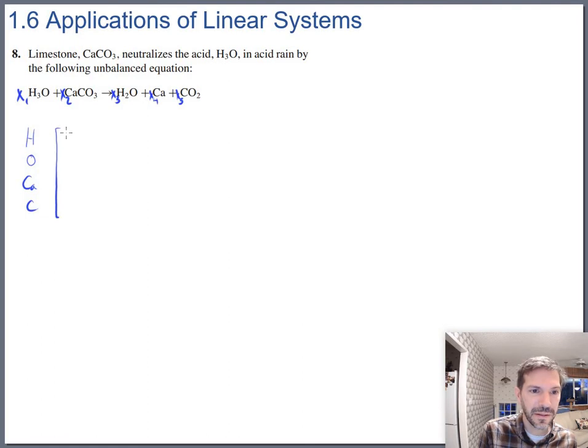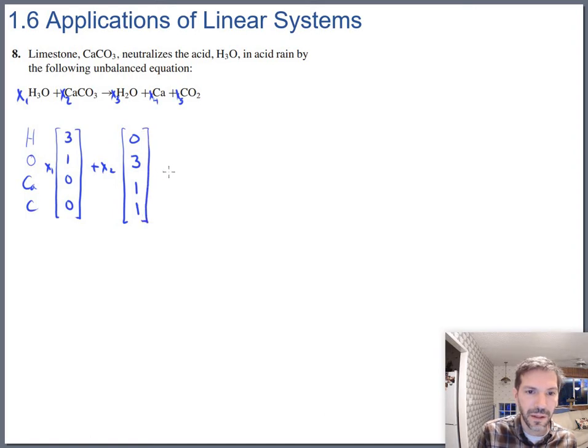So our first reactant is 3 hydrogens, 1 oxygen, no calcium, no carbon. And we're going to need x1 of that plus x2 of the next one, which is 1 calcium, 1 carbon, 3 oxygens, and no hydrogen. And that's going to equal some amount of water.